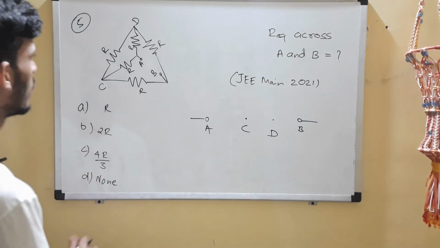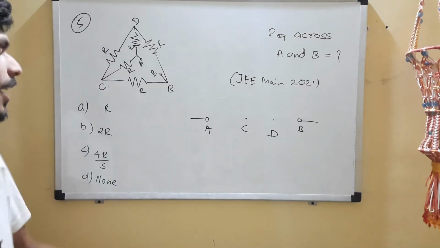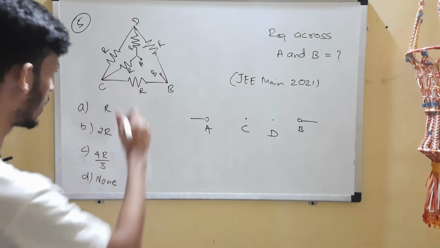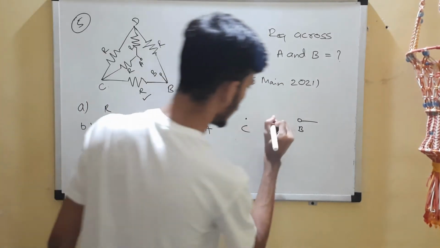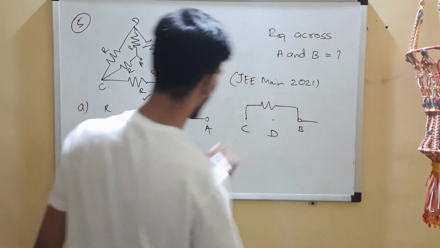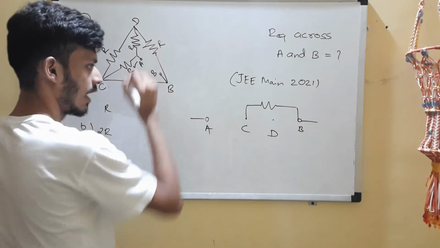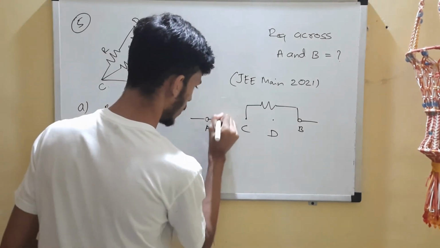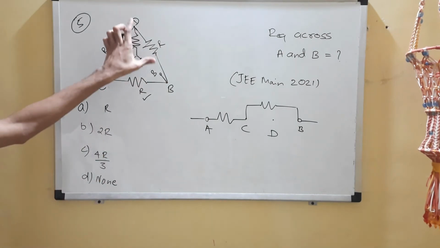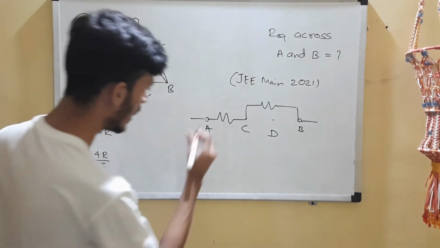This point is connected to B, so this point has potential B. This resistor is connected between C and B. This resistor is connected between A and C. This one is connected between A and D.